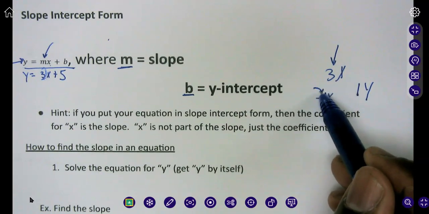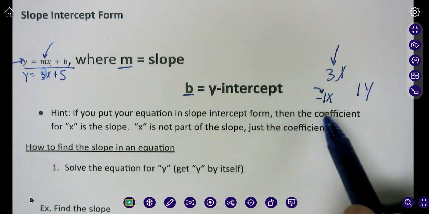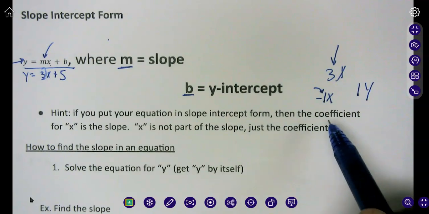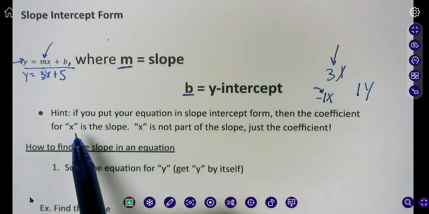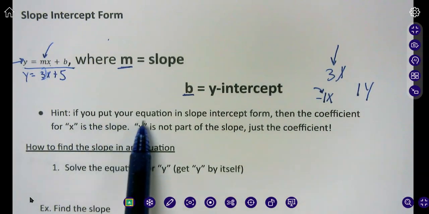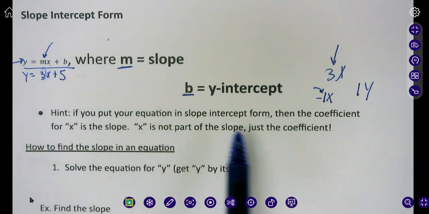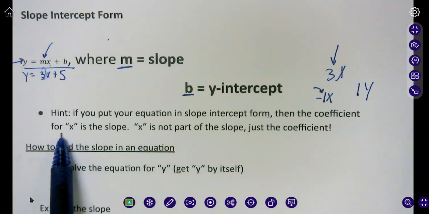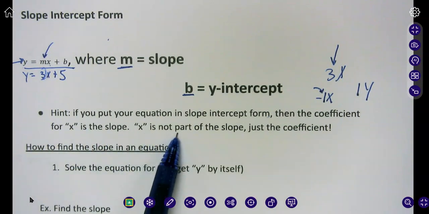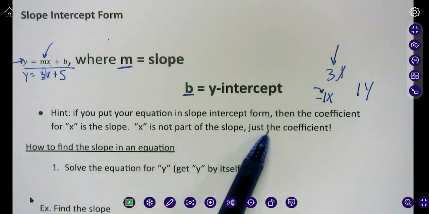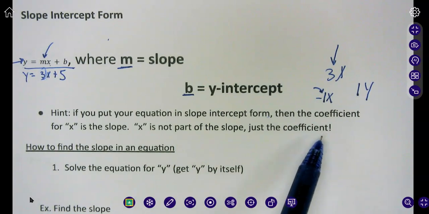The coefficient here is 3. So the coefficient, simply the number in front of the x, is the slope. X is not part of the slope, just the coefficient is part of the slope.